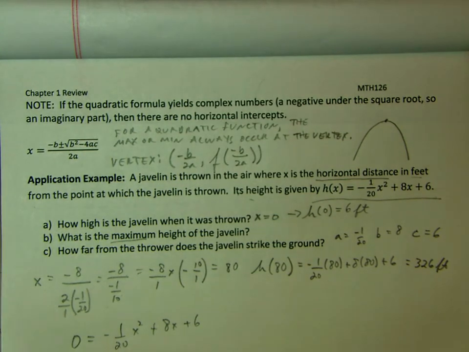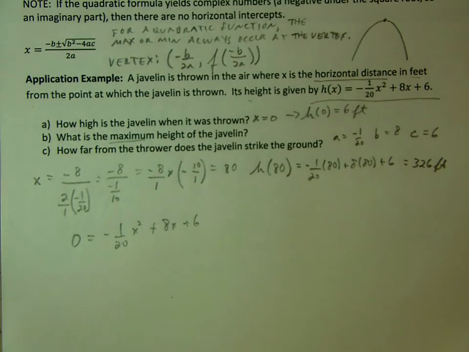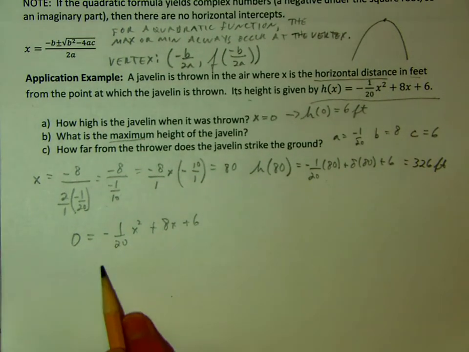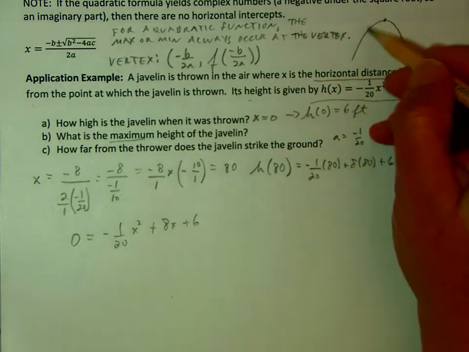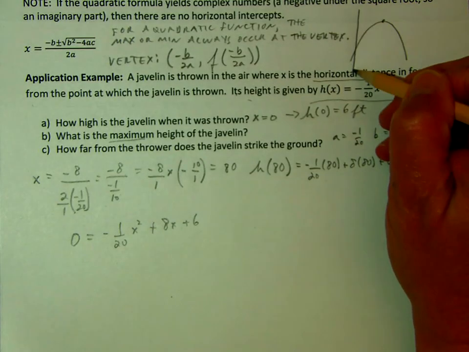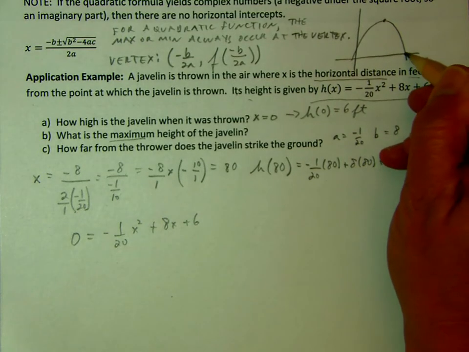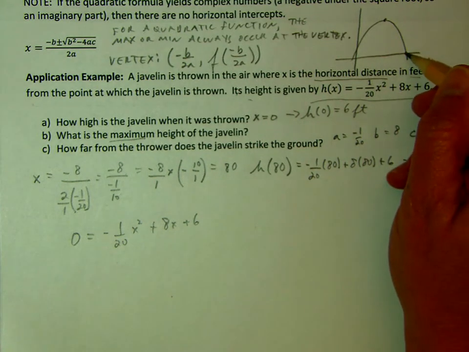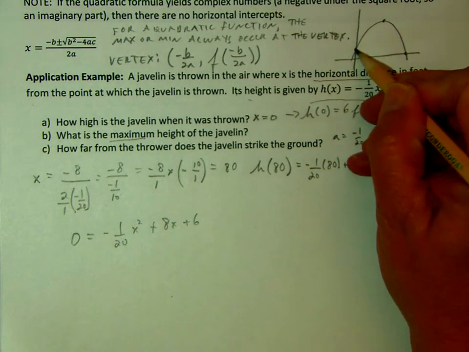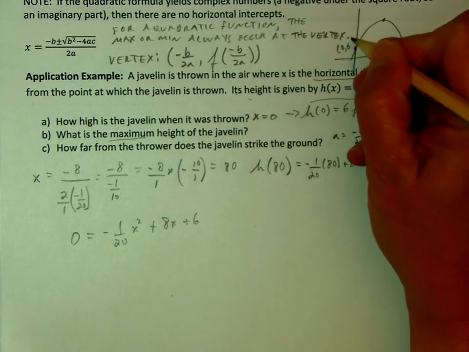If we solve for x, then we're going to have these 2 points here. So remember, here's where our graph is. When we hit the ground, that is h of x equals 0. Here's our vertex. This point here is our intercept, which occurs at the point 0, 6.